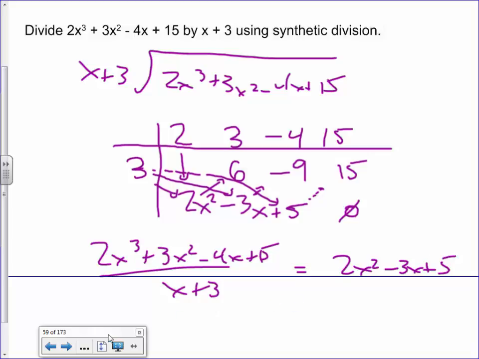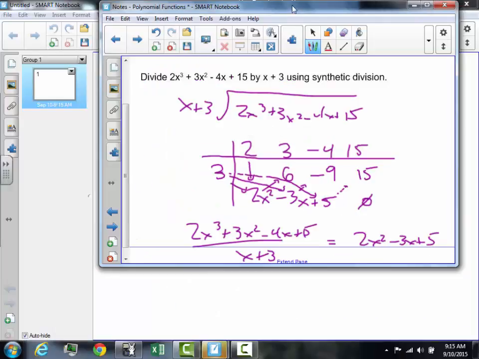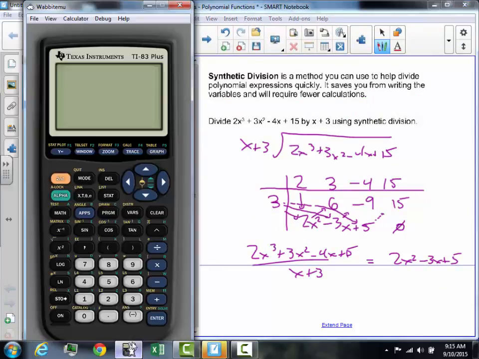Let me prove it to you using your calculator then. So first I'll write out the whole big polynomial being divided. So I'll go 2x to the third. I'll add 3x squared. I'll minus 4x. I'll add 15.